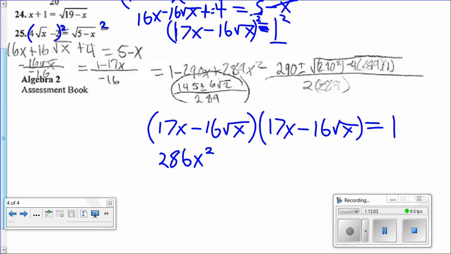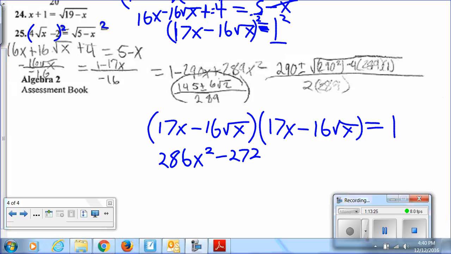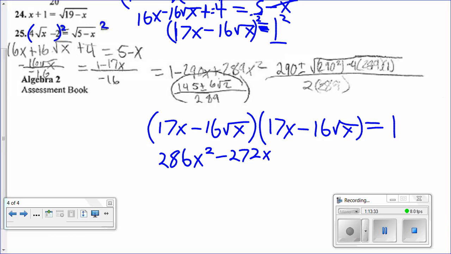We'll have minus 272x square root of x, and then the outside and the inside are going to be the same, the 272.